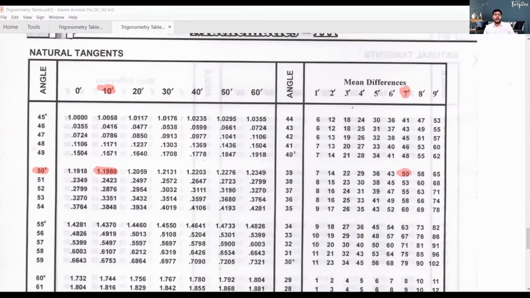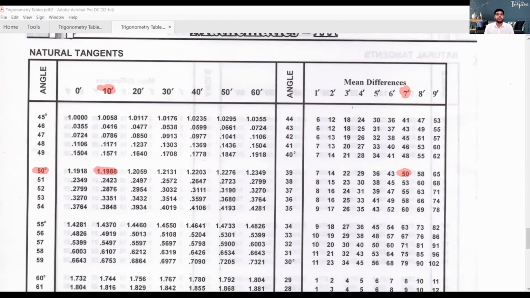So children, our value for 50 degrees and 10 minutes is 1.1988, and to 1988 you have to add 50. So 1988 plus 50 is 2038. So 1.2038 is going to be our tan value, right?